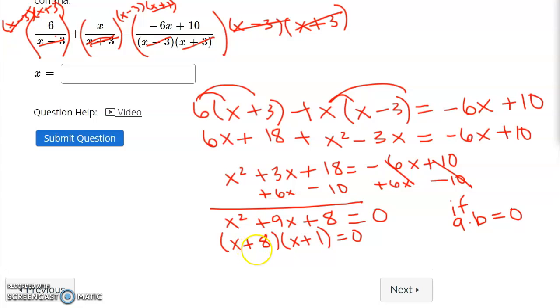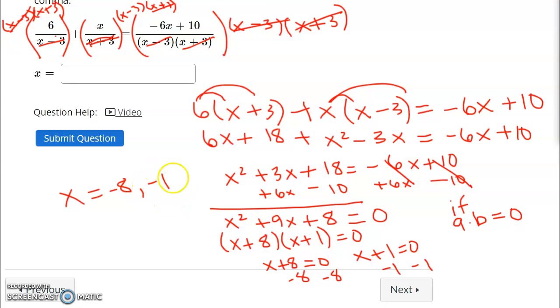And so we can find out what case x plus 8 will equal 0 and what case x plus 1 will equal 0. So we just set them both equal to 0. We solve: minus 8, minus 8, minus 1, minus 1. So we get x equals negative 8 and negative 1.